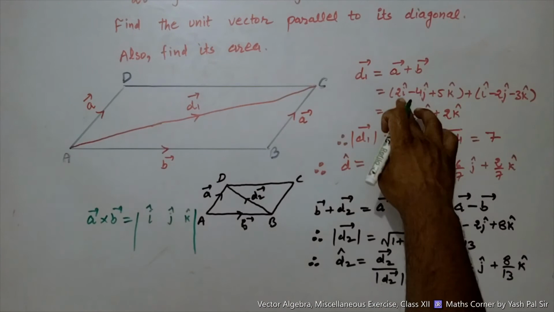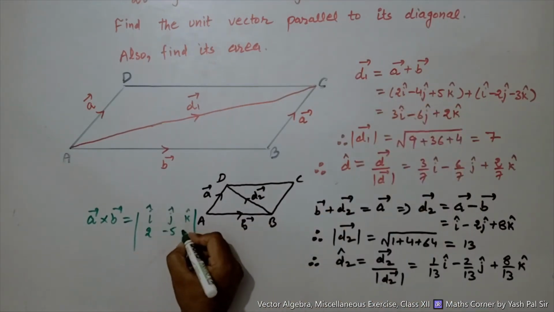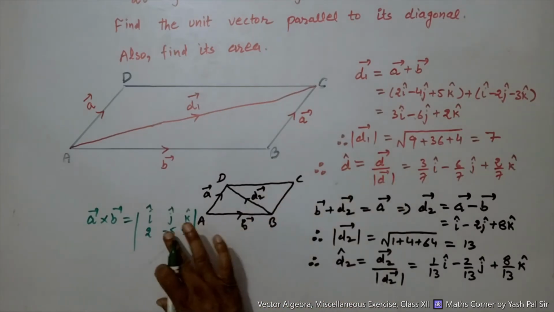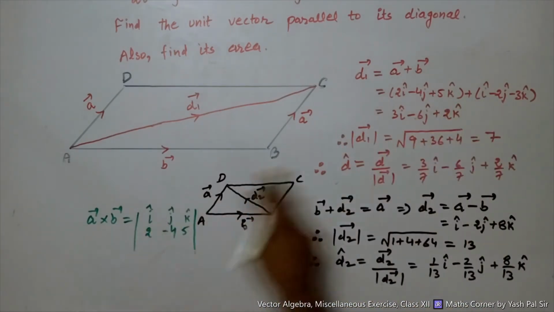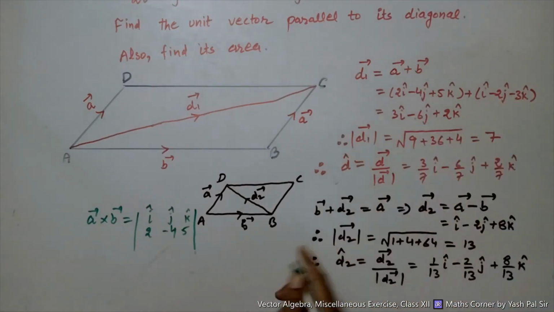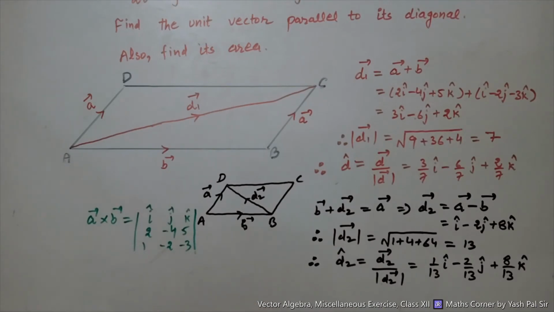Coefficients of the A vector are 2, minus 4, 5. Coefficients of the B vector are 1, minus 2, minus 3.